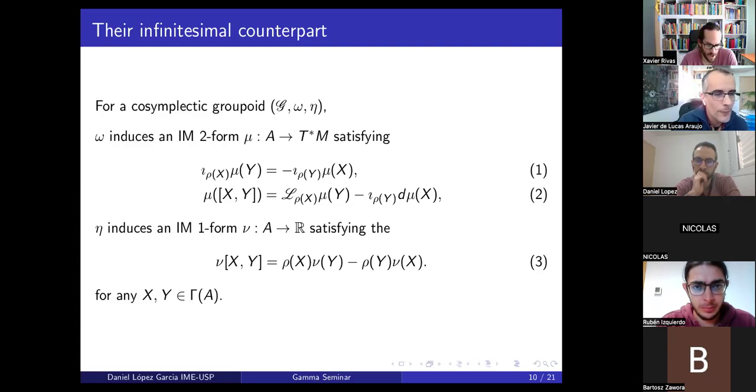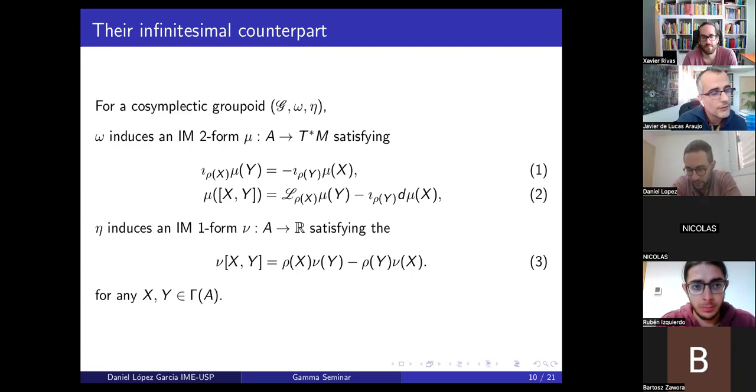For example, omega is not closed, but its differential can be written as a decomposable form between the eta or the omega or things of the sort. Have you, for example, like contact groupoid or something like that, have you thought of that? Oof, this is another work, but well, maybe this is a work for the future.